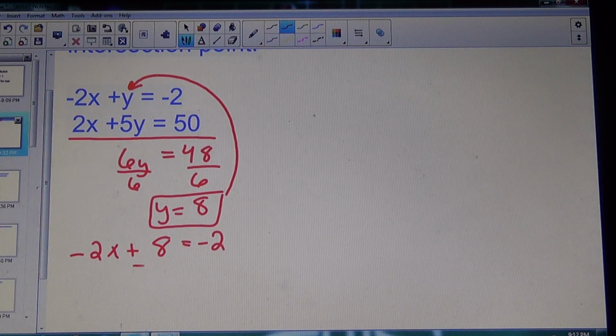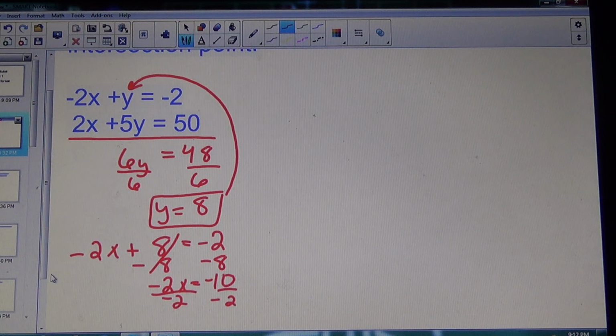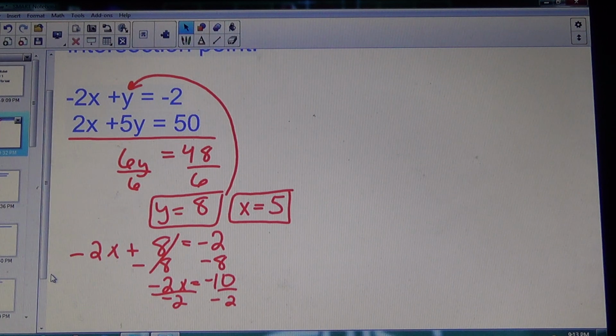I solve that by subtracting the 8. I'd have negative 2x equals negative 10. Then I would divide by negative 2, giving me x equals 5. So there's my solution algebraically.